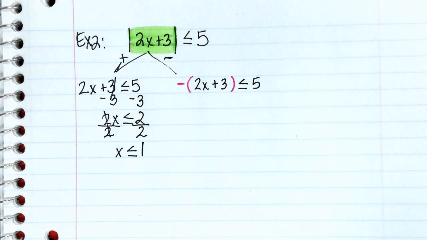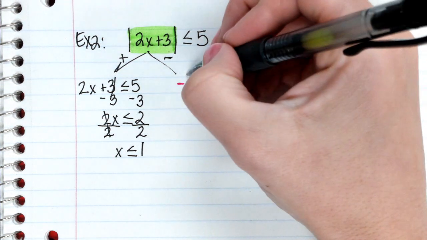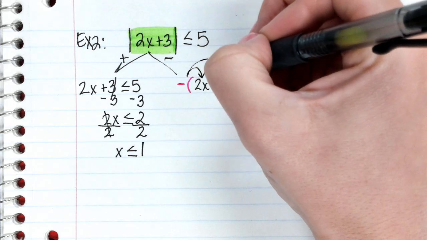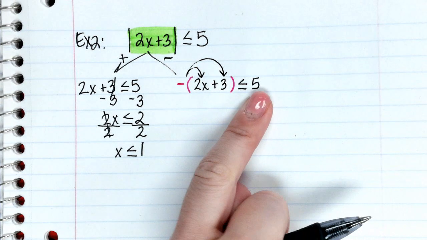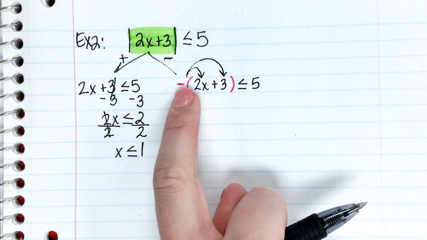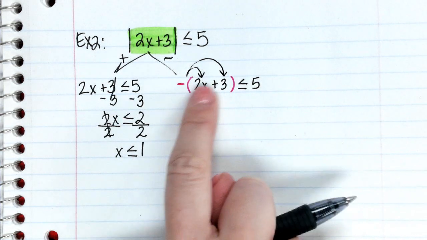Now we're going to go over here and do the negative one. So we have to distribute the negative on the inside of these parentheses. We're not doing that to the 5, though, right? Just what's inside the parentheses, because we only are making the stuff inside its negative self.